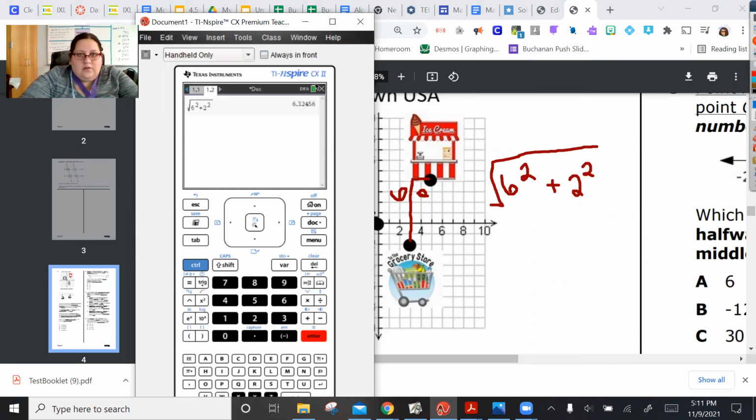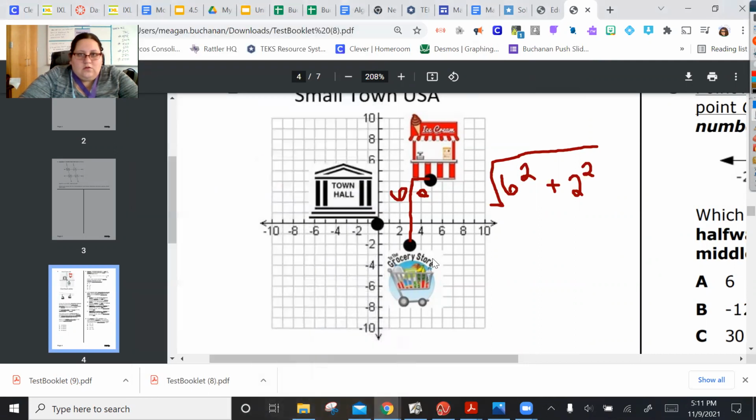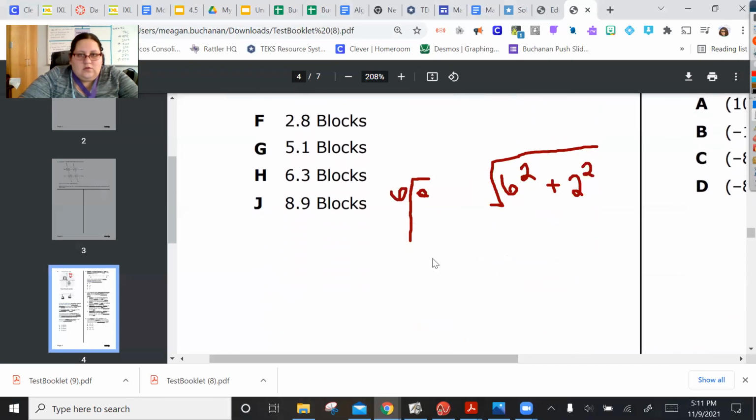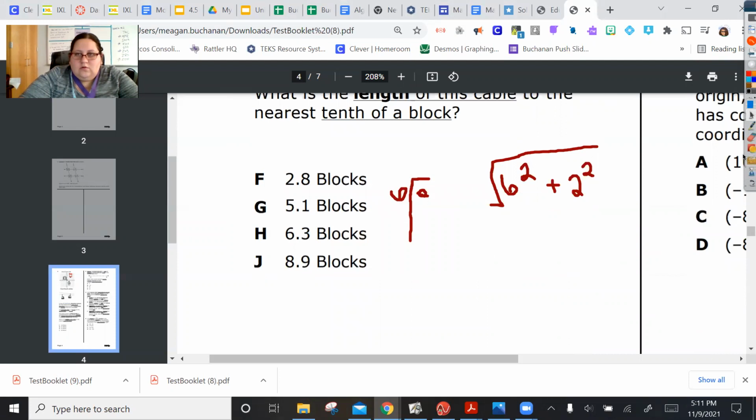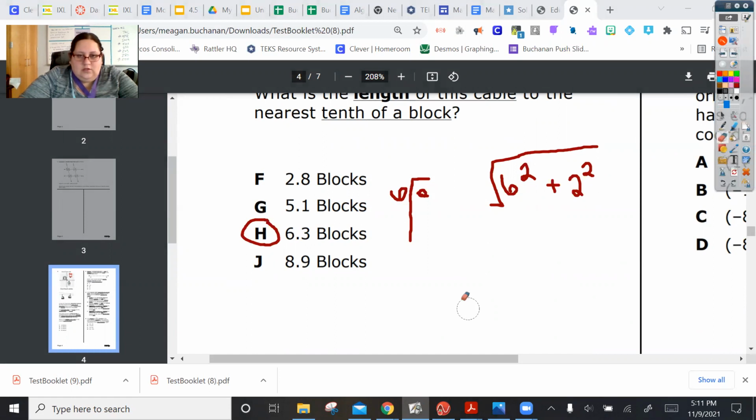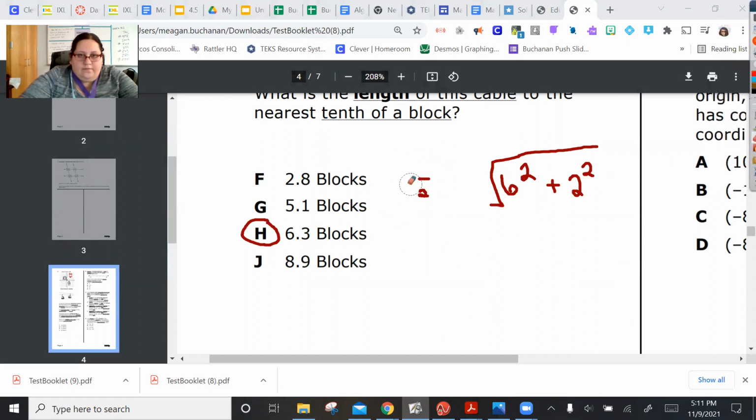And we get 6.32. So let's go down to our answers. 6.32 would round to 6.3. So number 2 is H. Okay, give you a couple seconds to write that.